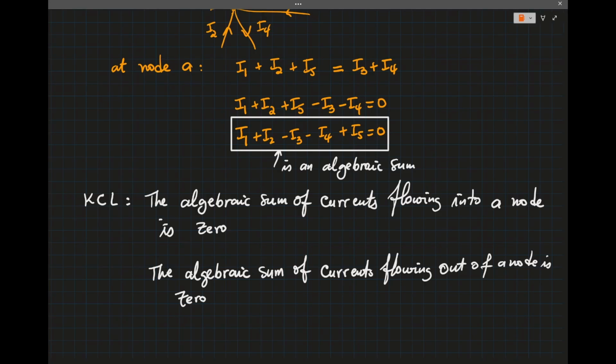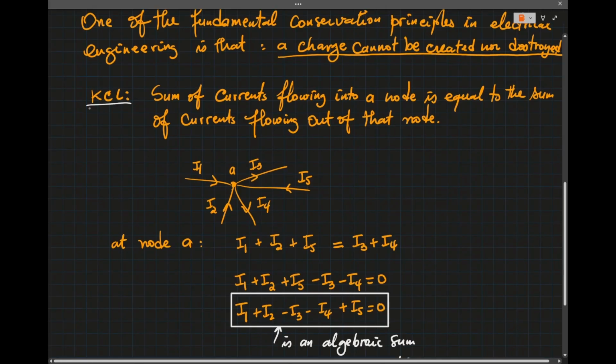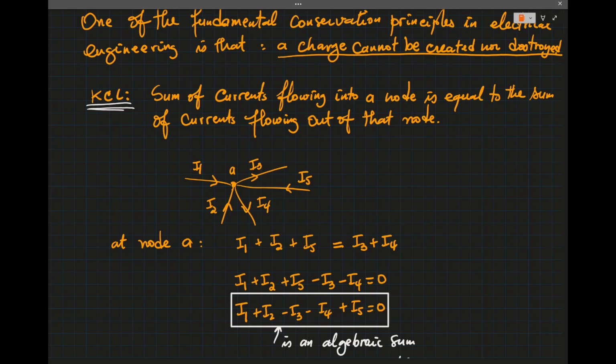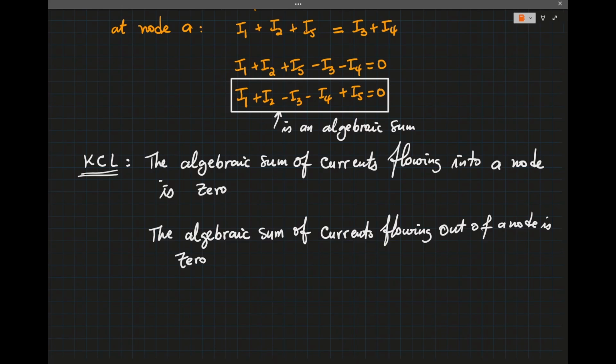So we have this definition, which is the sum of the current flowing into a node equal to the sum of the current flowing out of that node, which is equivalent to the algebraic sum of current flowing into a node being equal to 0.